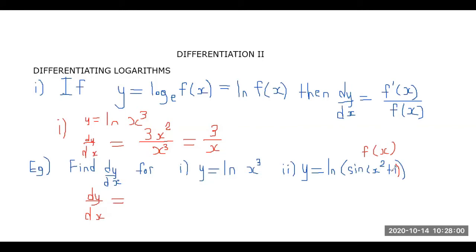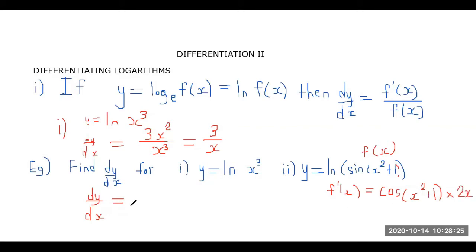Your f prime of x would then be, when you differentiate sine, you get cosine, and so it would be cosine of x squared plus 1. But then you have to times by the differential of what's inside the bracket, which is 2x.